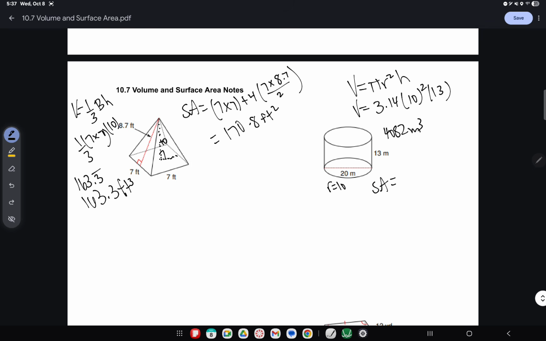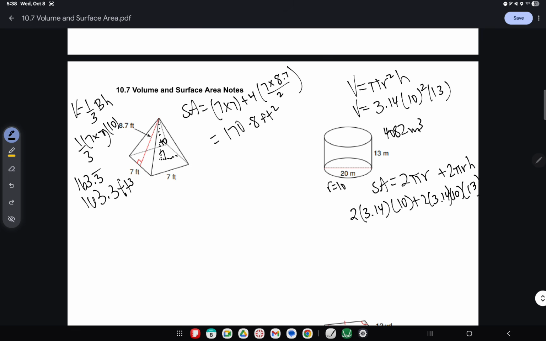And then the surface area is, we have 2 circles, so 2 pi r. And then we would have 1 rectangle, which is the circumference of the circle, so 2 pi r, and then times the height. So 2 times 3.14 times the radius plus 2 times 3.14 times the radius times the height.